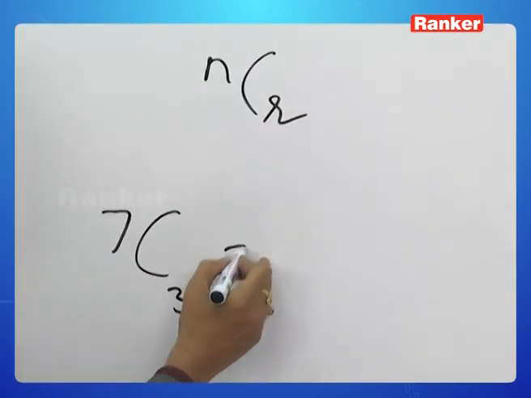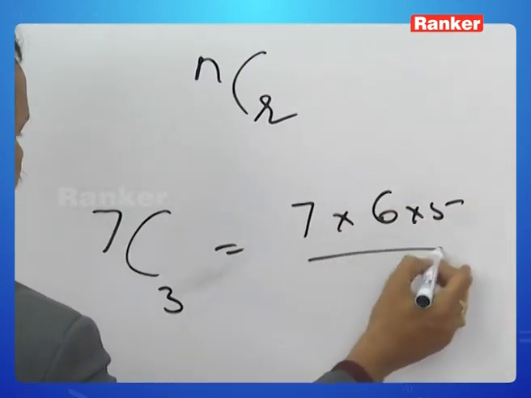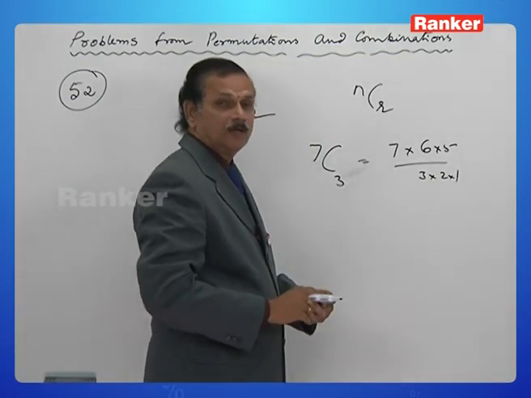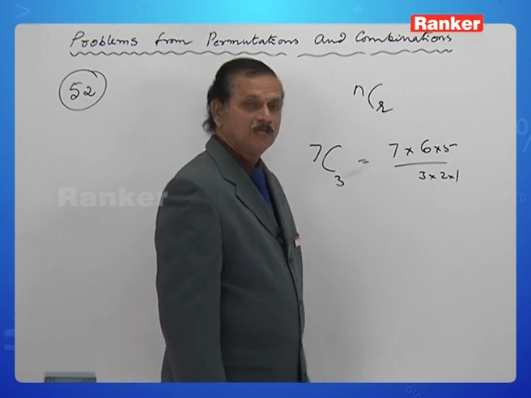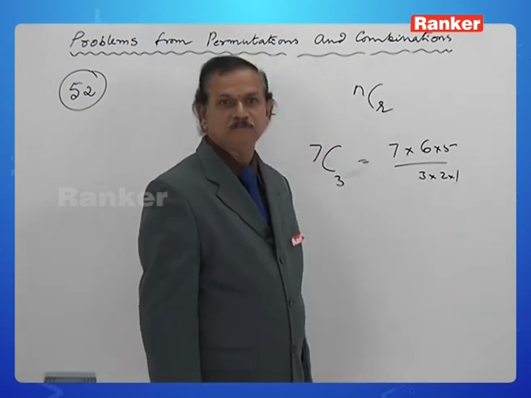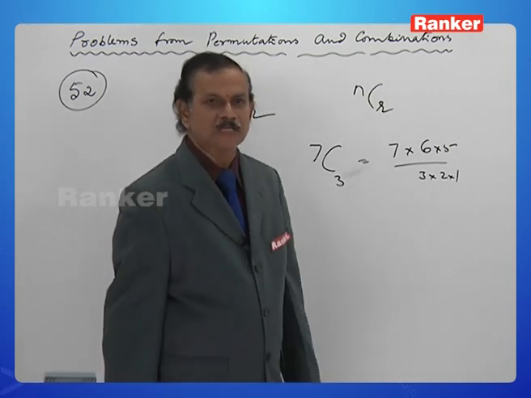What is 7C3? 7 into 6 into 5 by 3 into 2 into 1. Please observe, this 7C3 is surely an integer by the property of NCR.